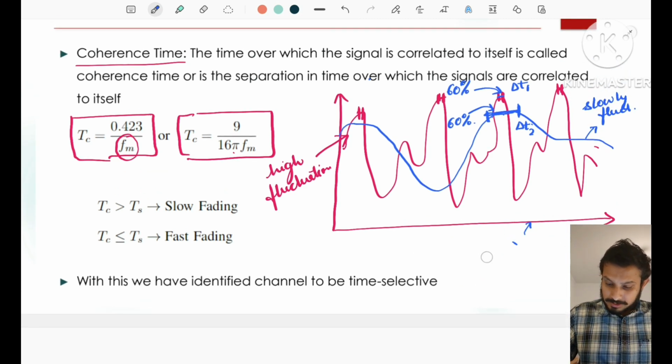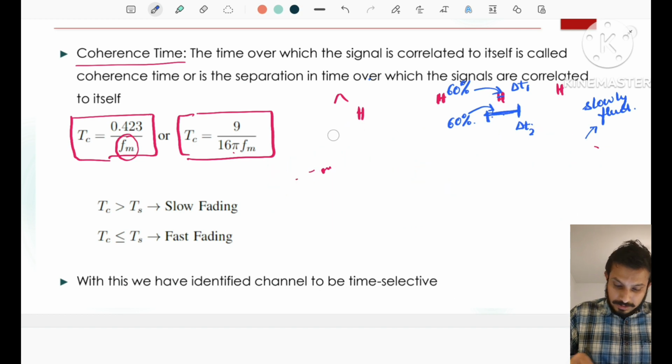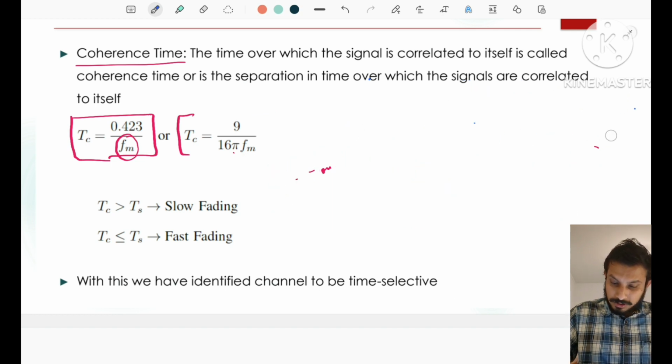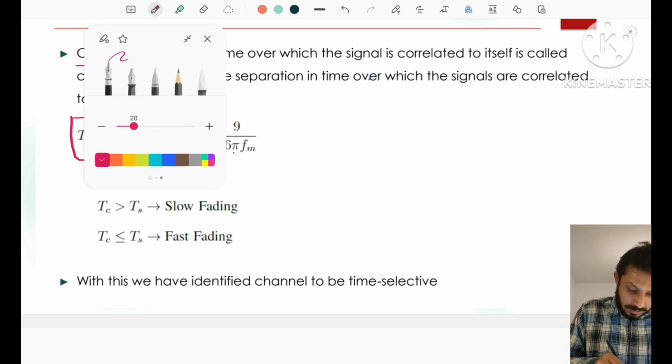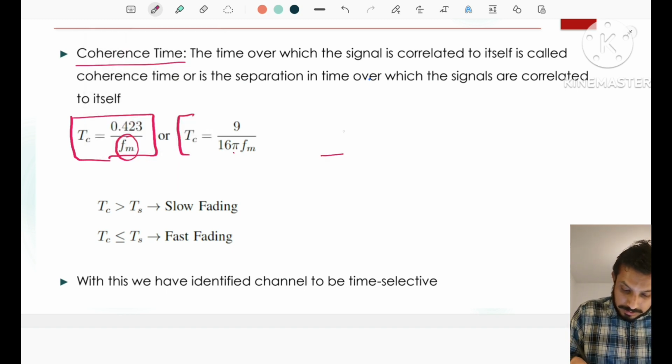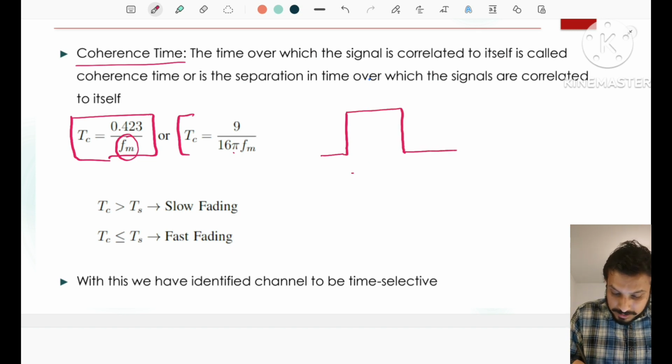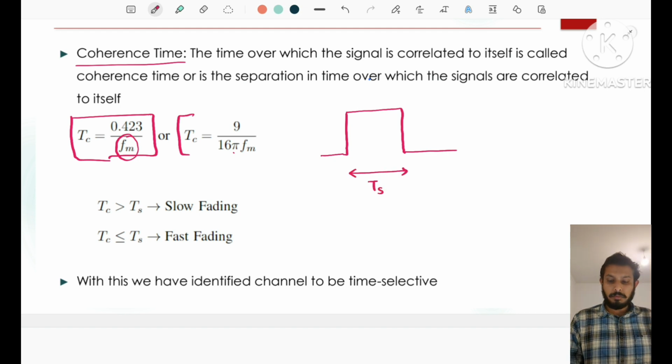So with this, let's move further, and we suppose that this is the signal, and this signal has a symbol duration of Ts.